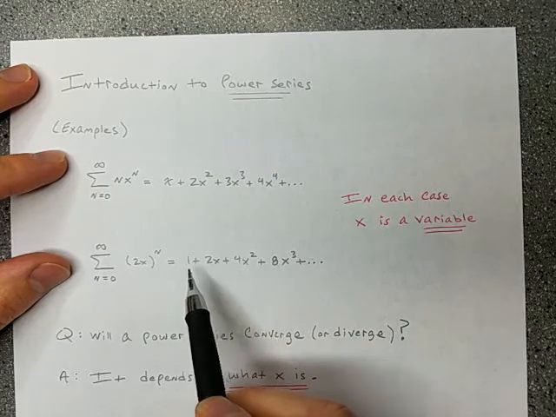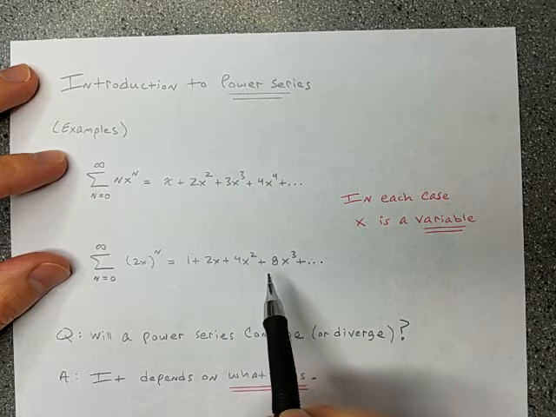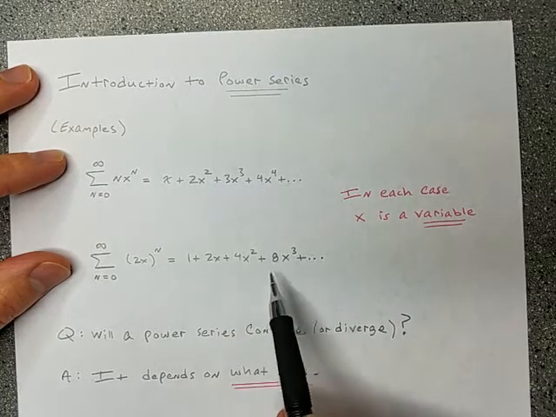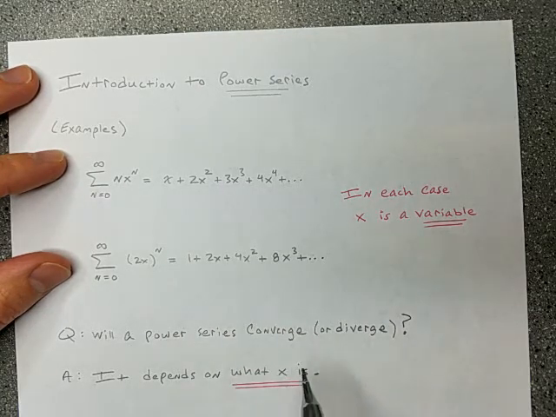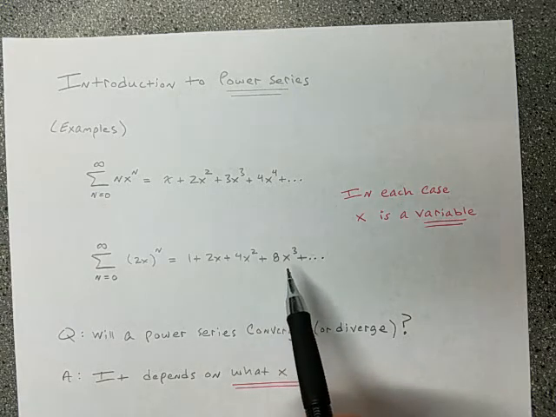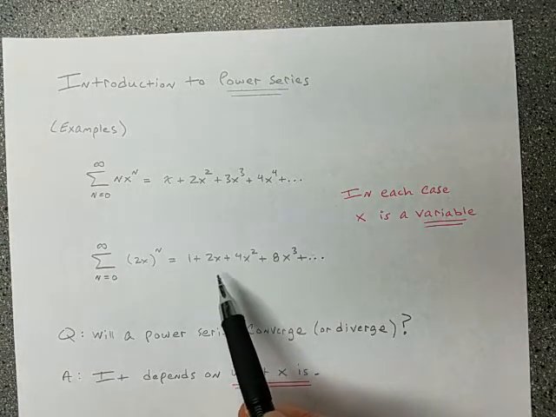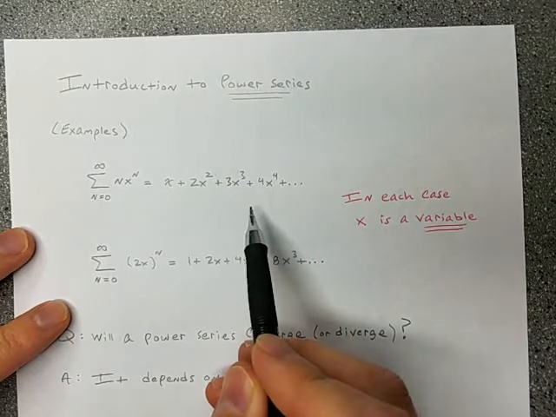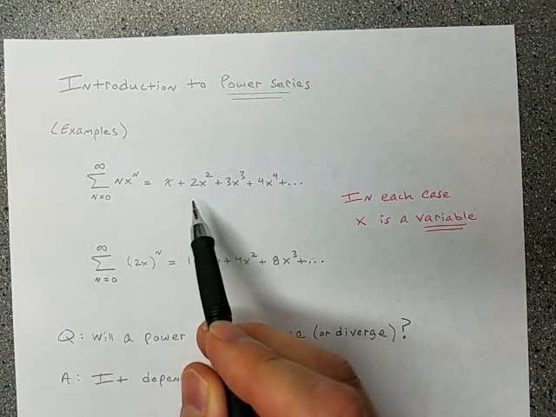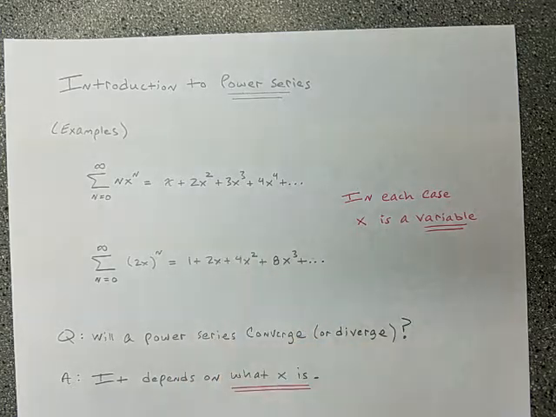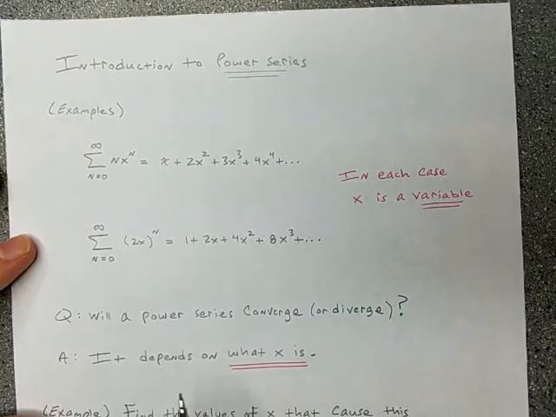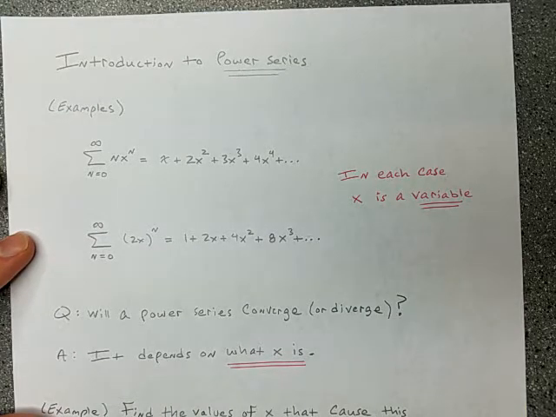How can you tell me what 1 plus 2x plus 4x squared plus if you don't know what the x is? So whether that series converges or diverges depends on what the x is. Maybe for some values of x it will converge, and for others it won't. Same thing with this. For some values of x, maybe it will converge, and for others it won't. All right? So a power series might converge sometimes, but it totally depends on what the x is.